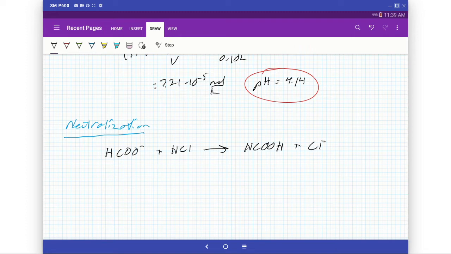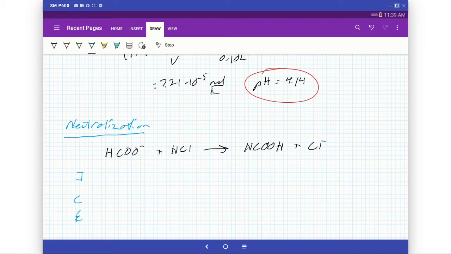We're going to assume that the neutralization reaction goes to completion. This is like what we did when we were setting up ice tables: we assume it goes completely to the side favored by the equilibrium constant. Here we have a neutralization reaction that we're going to assume goes to completion. Then we'll deal with the products after this is done.